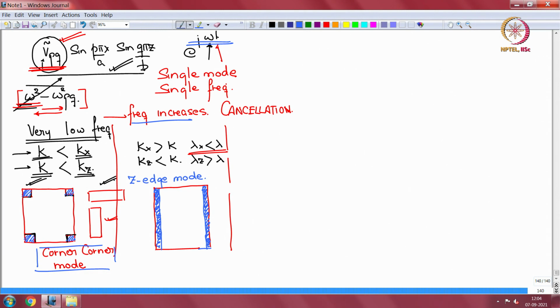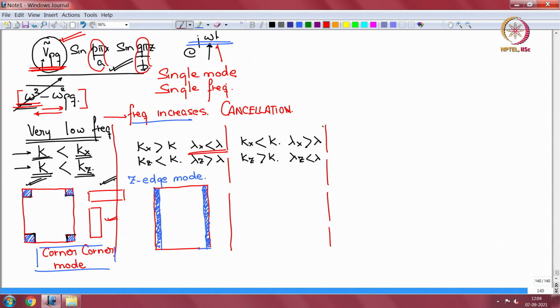Now it can also happen that Kx becomes less than K, and Kz is above K, in which case lambda x is greater than the acoustic wavelength, lambda z is less than the acoustic wavelength. Can also happen, based on dimensions, based on the relative size. P pi by A is x wave number, q pi by B is z wave number.